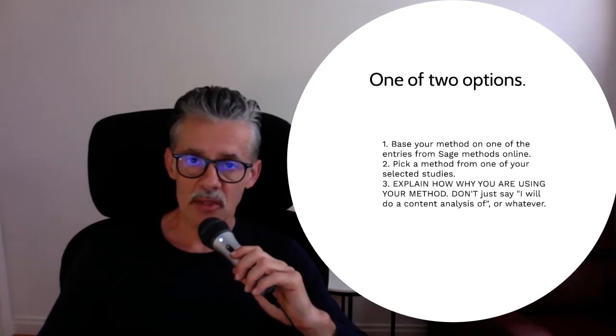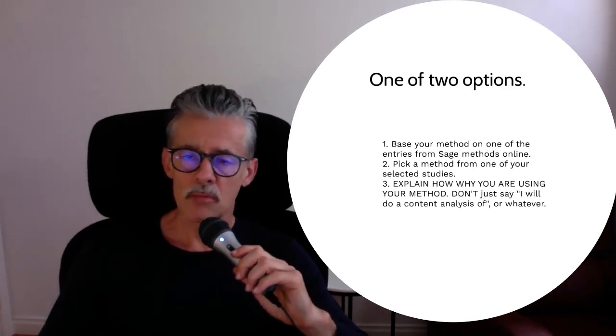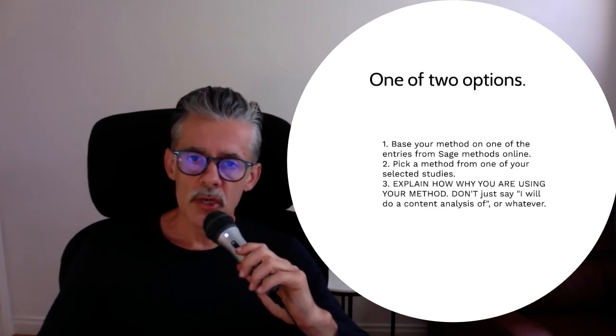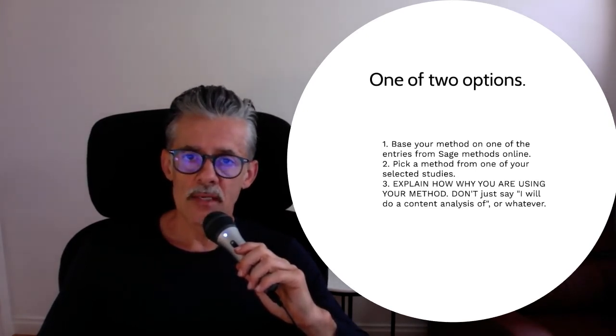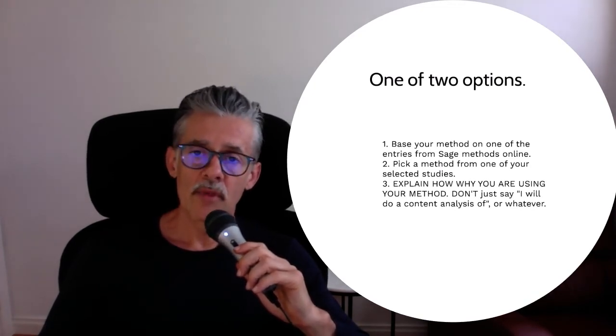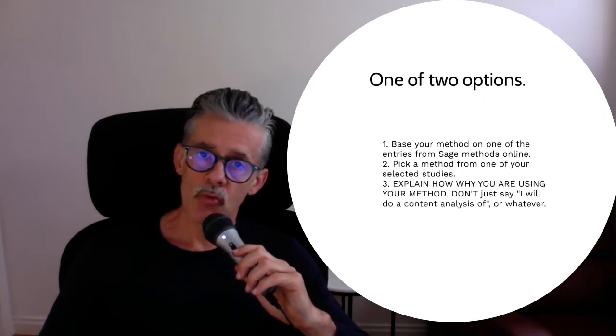Might be a content analysis, might be interviewing, might be gathering social media posts, might be any of those things. Doesn't really matter. But what you need to do is find a Sage Methods entry on that particular method, explain the method, explain why it's relevant to your research.